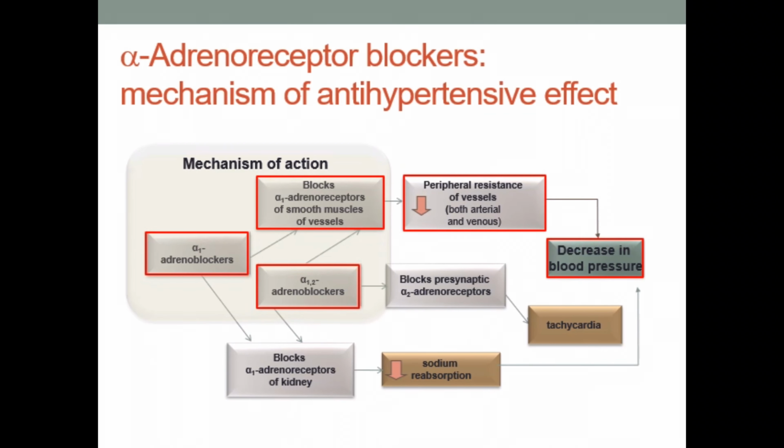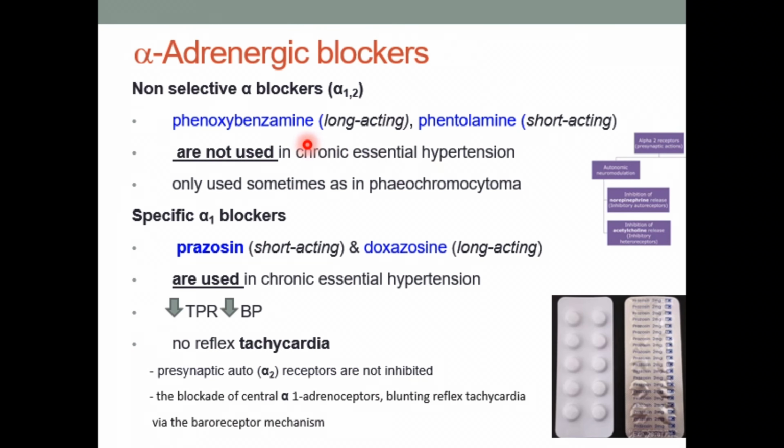Okay, so that's important. Let's look closely at this selective and non-selective. We already mentioned selective alpha 1 blockers and non-selective alpha 1 and alpha 2 blockers. An example is phenoxybenzamine, which is a longer acting one, and phentolamine, which is shorter acting.